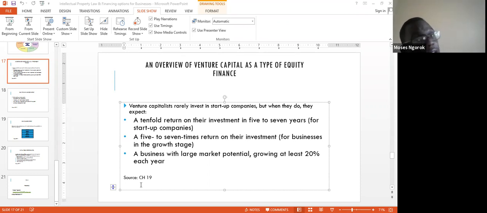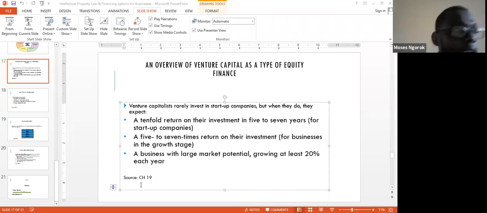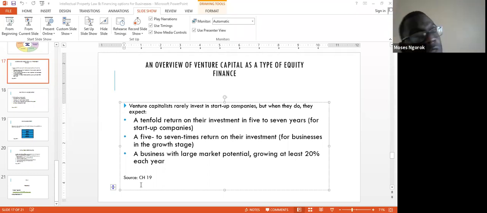You have what they call mezzanine capital or funding. So to be honest, I've tried to stay away from those complex terms so that we can understand the basics which are good enough to help us navigate getting funding this month.